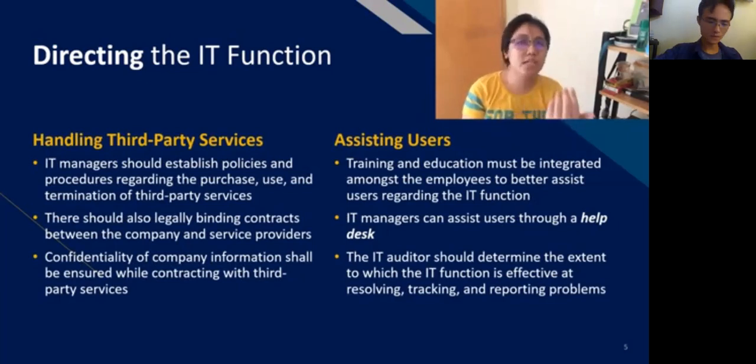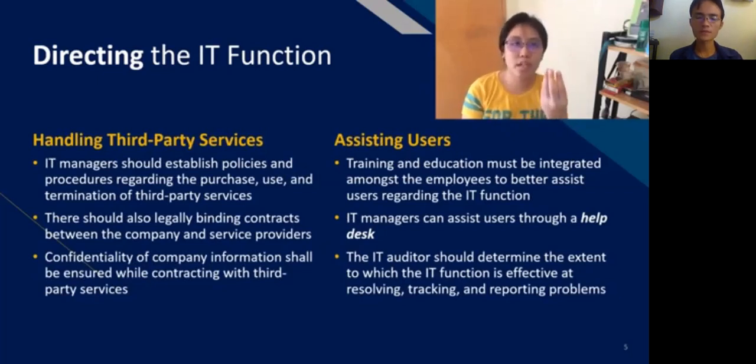Telephone services, there are other third-party services that we need in order for our business to grow. We can't say that the organization must have everything, since they're not fully capable of producing certain things which are needed for the organization, which is why businesses and organizations would need to tap into third-party services.